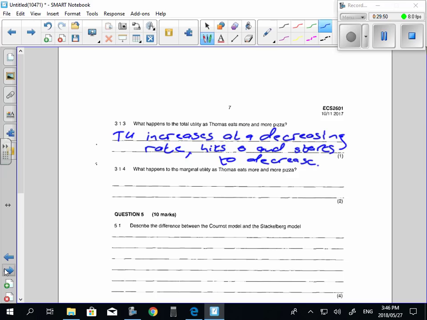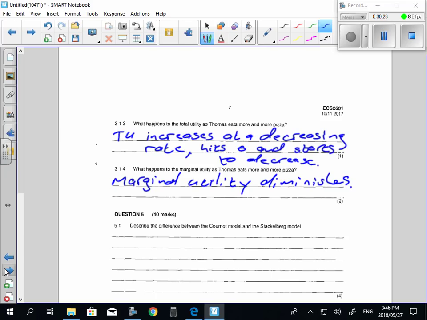What happens to the marginal utility as he eats more and more pizza? Marginal utility diminishes. Where have you seen that before? The law of diminishing marginal utility. You need to know your definitions as well.